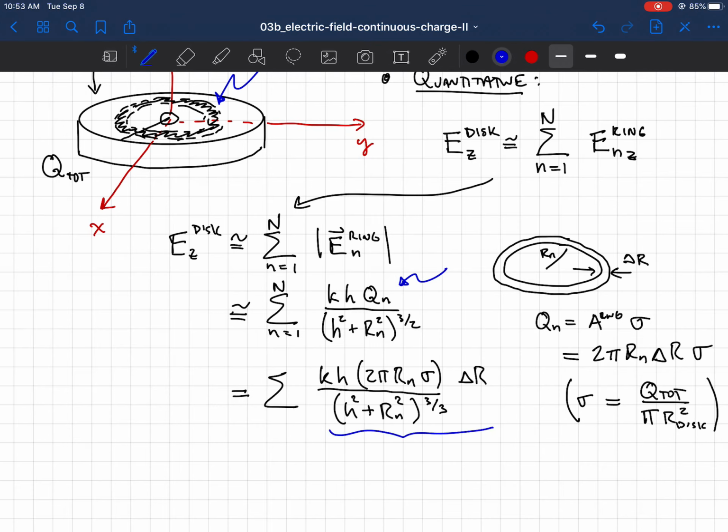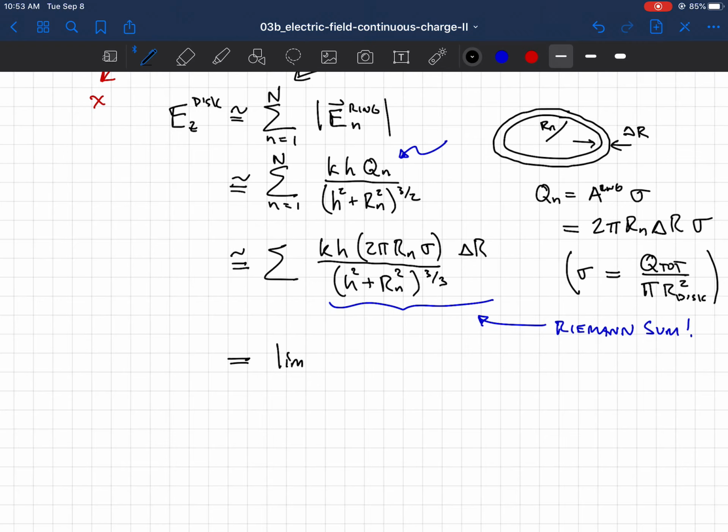So what do we have? We have a Riemann sum. We have a function in here, which depends on r sub n, and we have a delta r out at the end. So what that means is that if these were all approximate, I can write that it is exactly equal to the limit as N goes to infinity, where this was n from 1 to N, of that whole thing. I guess I won't write it all out.